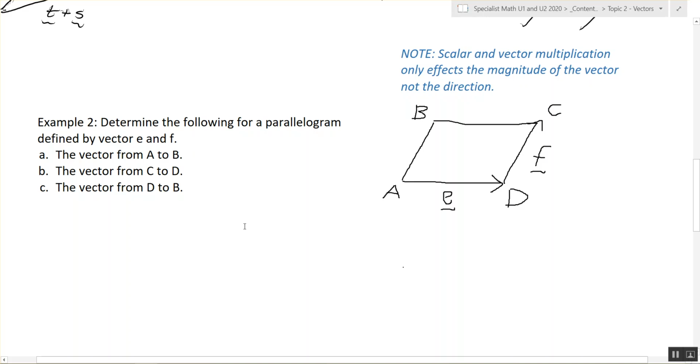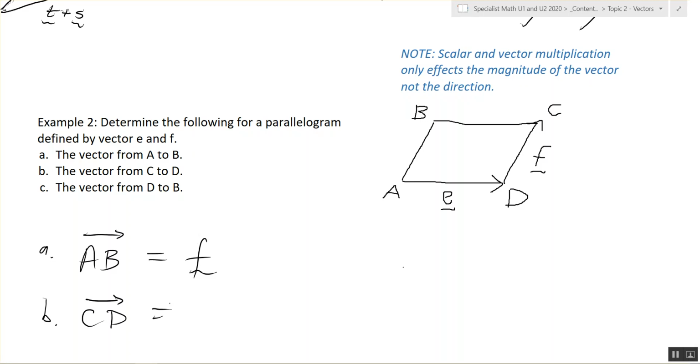So what is it? A, B with the arrow over the top, yeah? So in terms of, because it wants us to define it by vector E and F, what is AB equal to? It's just equal to F. Vector CD. It's negative F because it's going in the opposite direction of F. Yep, very good.